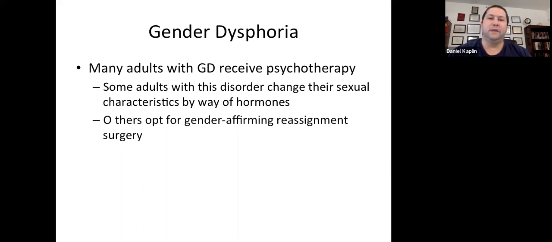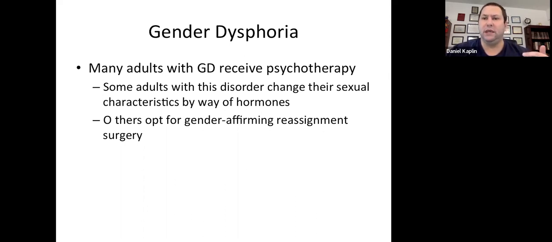Now, a person who has gender dysphoria might be part of the transgender community. And I think it's important to explain that if you have a person who's part of this community, this individual may try and match their gender expression in many different ways. It could be as simple as changing their clothing and dressing into clothing that matches their gender identity.